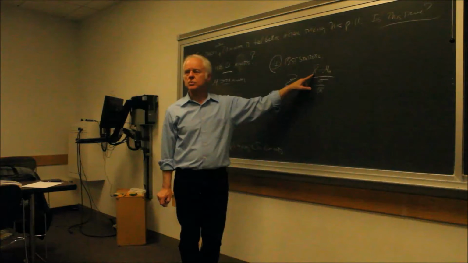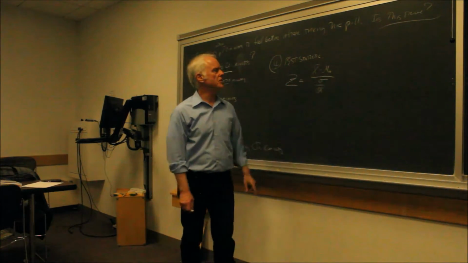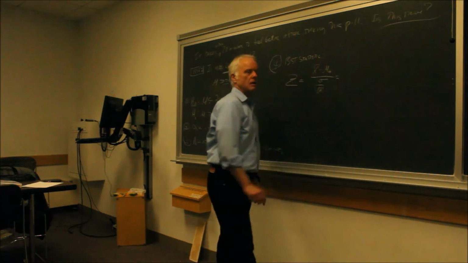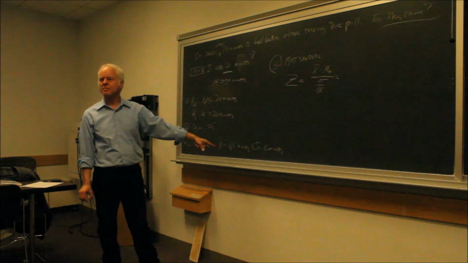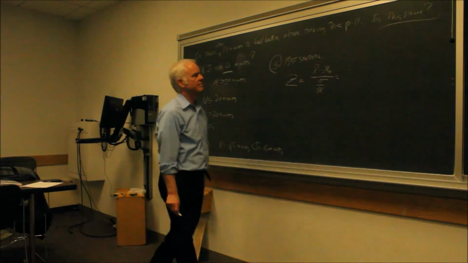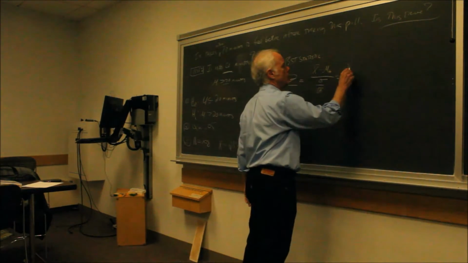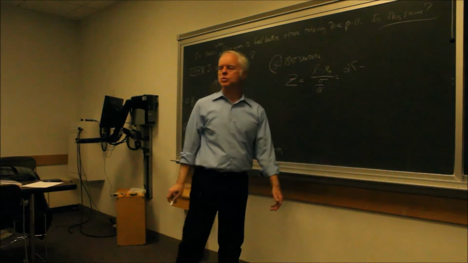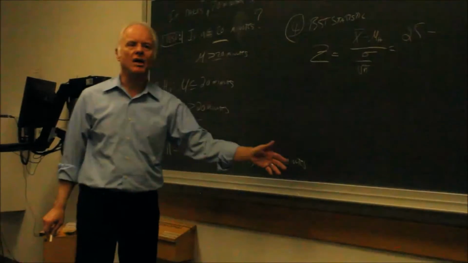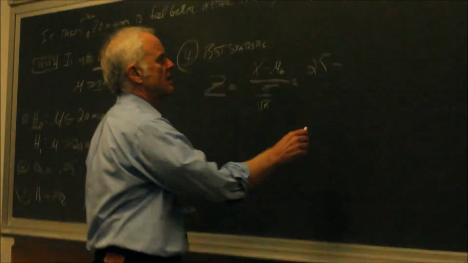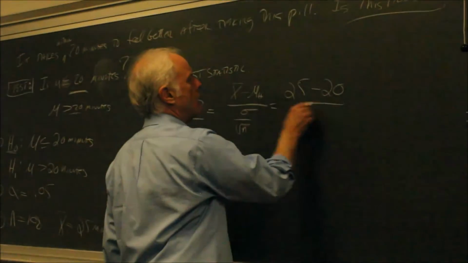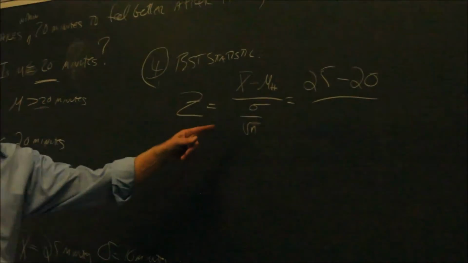X bar is the sample mean. In this case, what is X bar? X bar is 25 minutes, minus mu sub H. What's the hypothesized mean? 20. Divided by sigma.